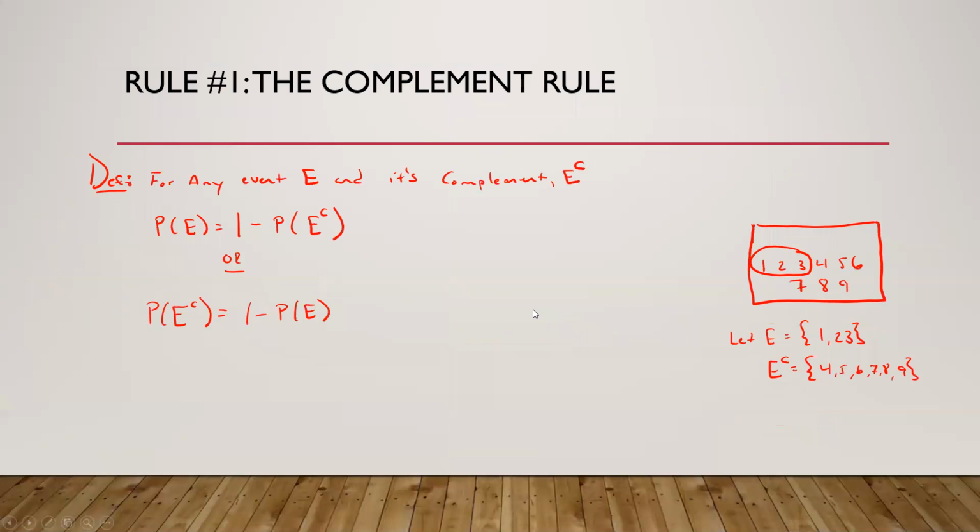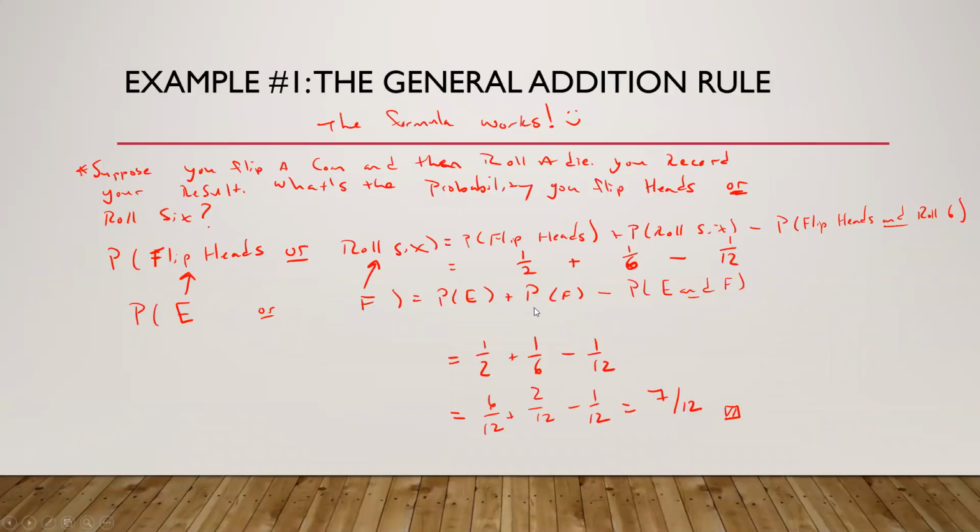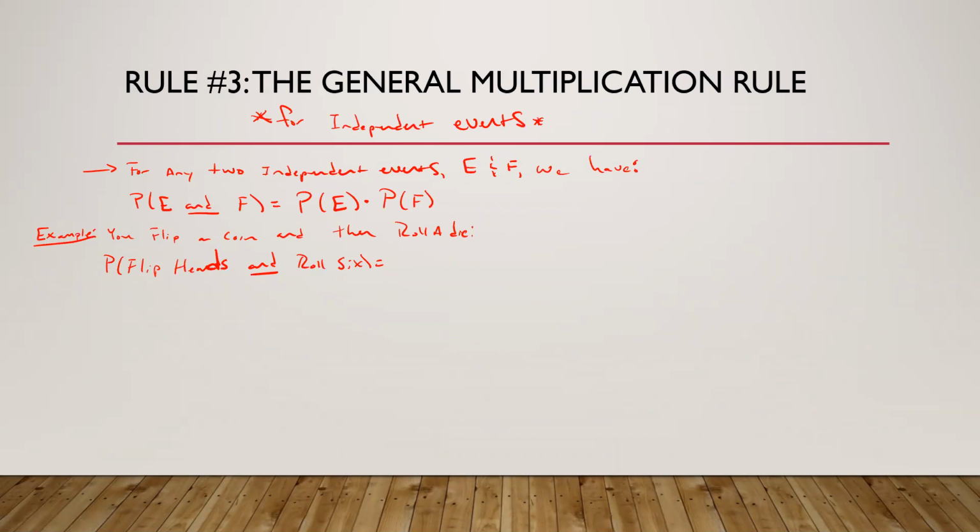All right, so let's see if the formula works. When you see the and statement, right here, what mathematical operator does that imply? Multiplication. So the first thing you have to ask yourself is, are the event E, flip heads, and the event F, roll a 6, independent? And the answer is yes. If you flip heads, it has no bearing on if you roll a 6.